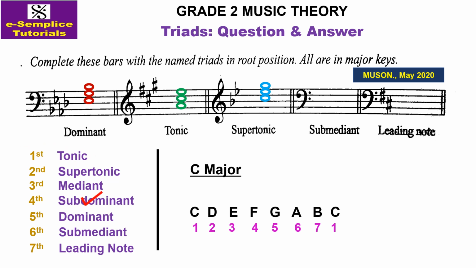We are looking for the submediant triad, meaning the 6th degree will be the root. A third above that, a fifth above that. You stack, you have A, C, E. Let's put that on the stave.